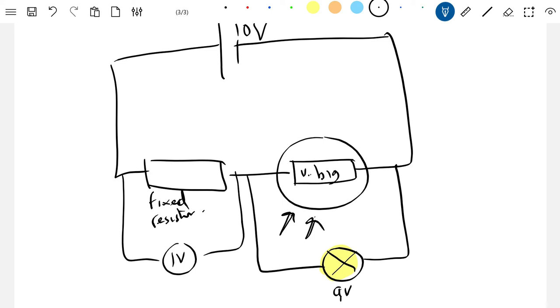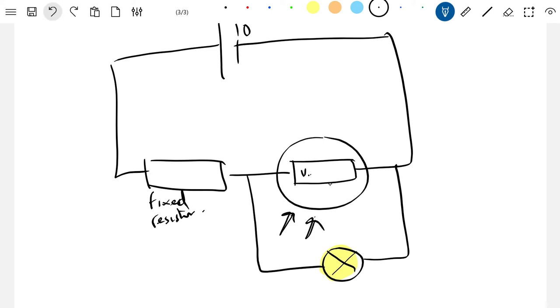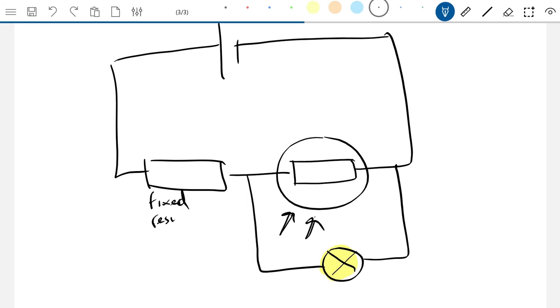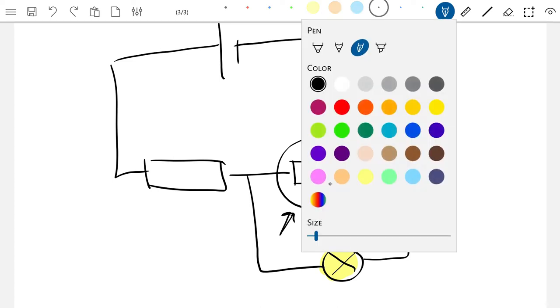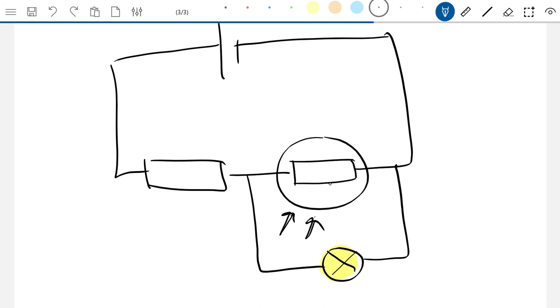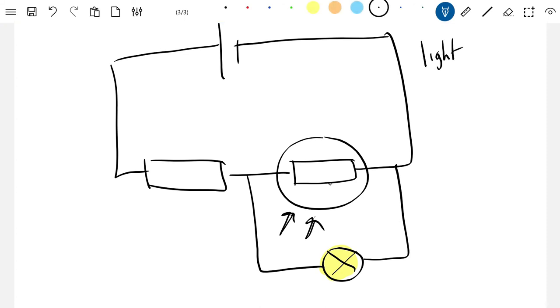Now, if I just go back a little bit, this is what this circuit will look like, and what you will be asked to do is probably explain what this circuit does. So let's go through the logical steps. First of all, we'll say if it's an LDR, so if it's light, then, we know it's an LDR, so light decreases resistance.